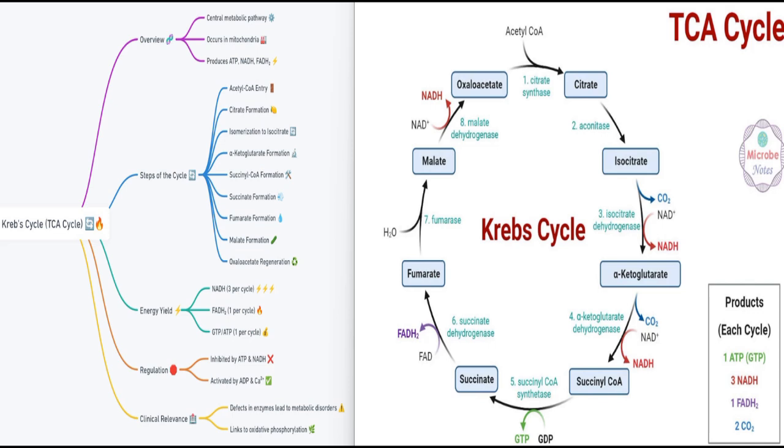And then from pyruvate by anaerobic metabolism you get acetaldehyde, where acetaldehyde is converted to ethanol by alcohol dehydrogenase utilizing NADH and hydrogen ions to form NAD plus. So that's the alcohol fermentation.